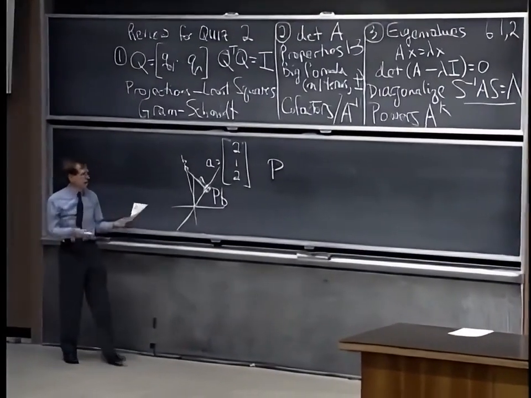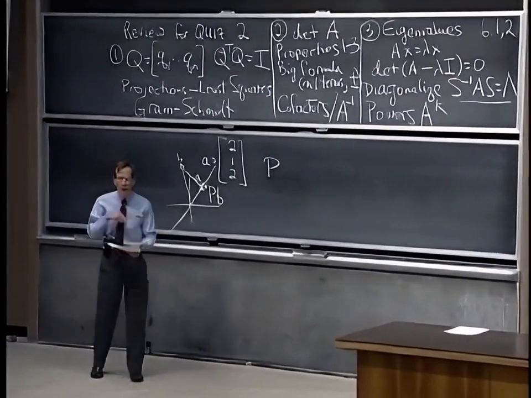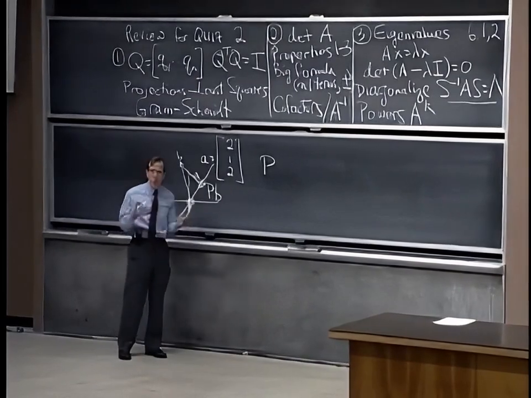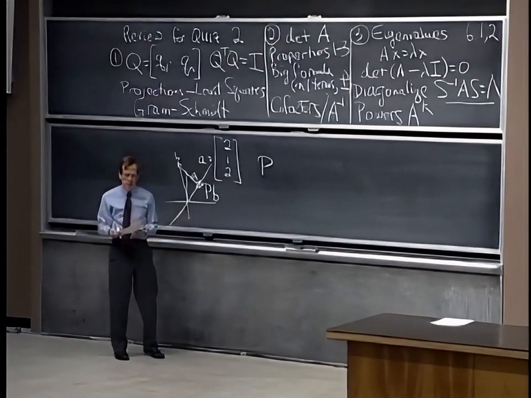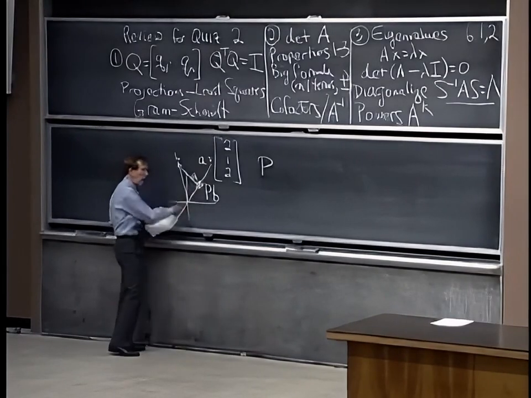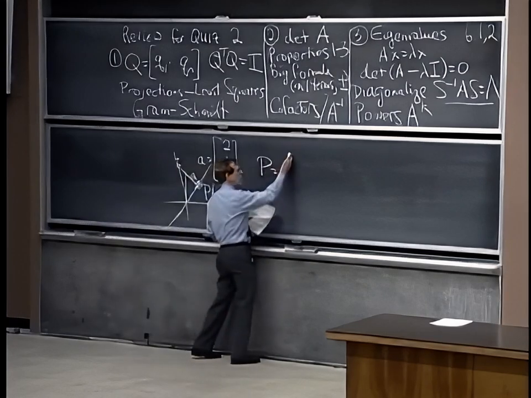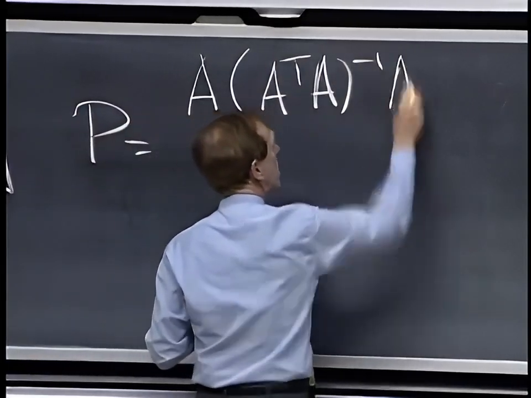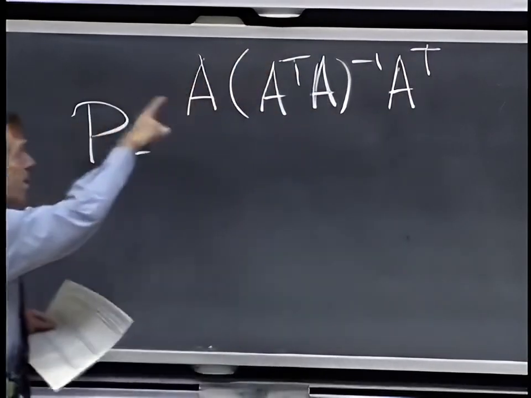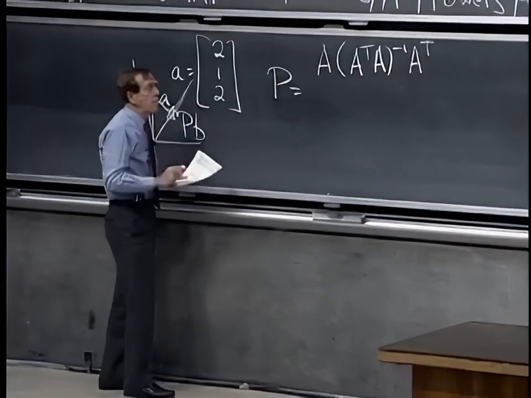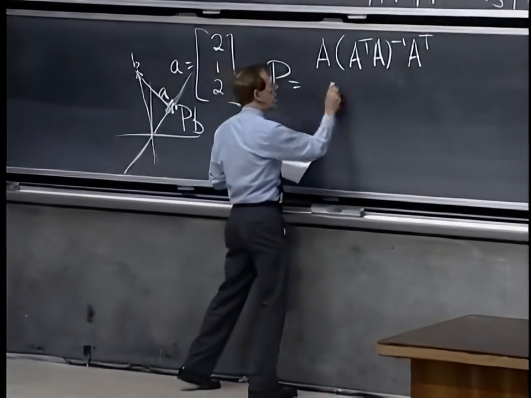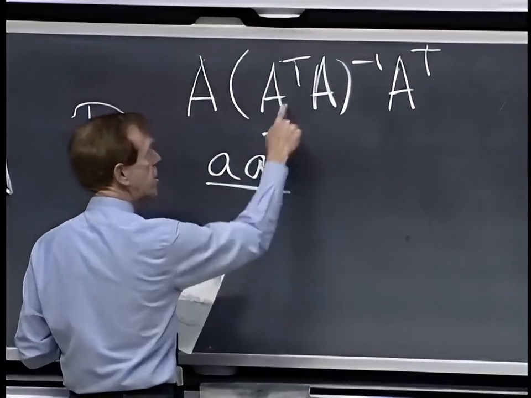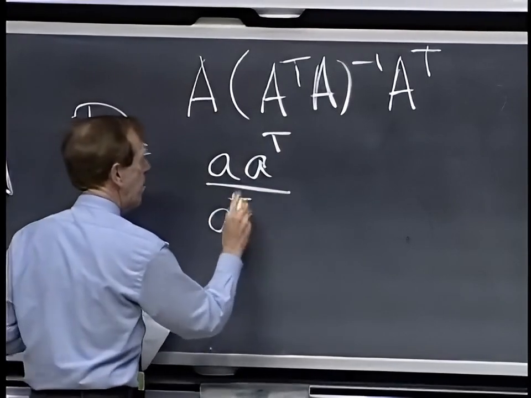And I guess this first part, this is just part 1A, I'm really asking you, the quick way to answer, to find P is just to remember what the formula is. And we're projecting onto a line, so our usual formula is A transpose A, inverse A transpose. But now A is just a one column matrix, so I'll just call it little a transpose, and this is just a number now, 1 by 1, so I can put it in the denominator.